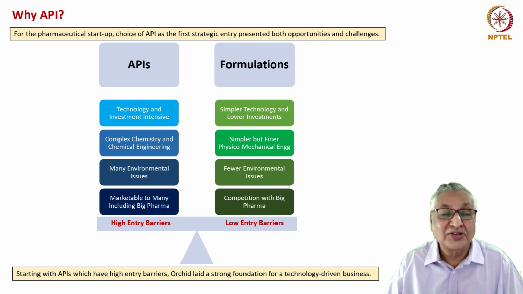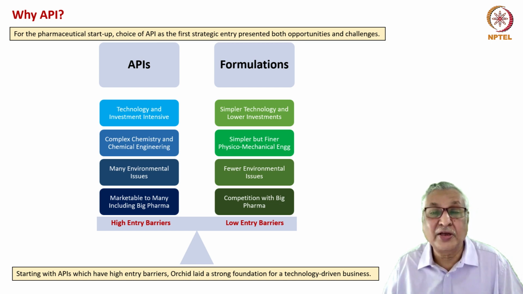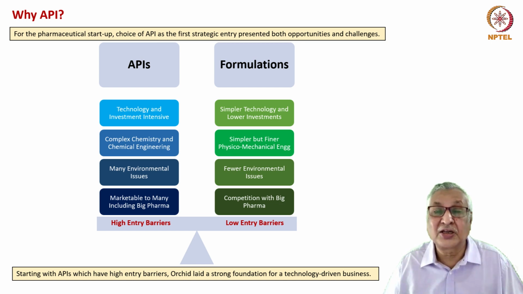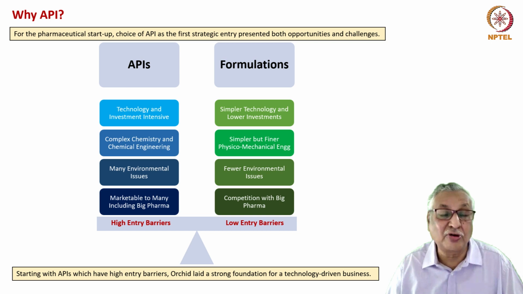APIs require complex chemistry and chemical engineering. Not every scientist can manufacture an API, while most scientists can manufacture formulations. There are many environmental issues related to manufacture of APIs. Therefore, it requires a higher order commitment to make the APIs zero discharge facilities and kind on environment.